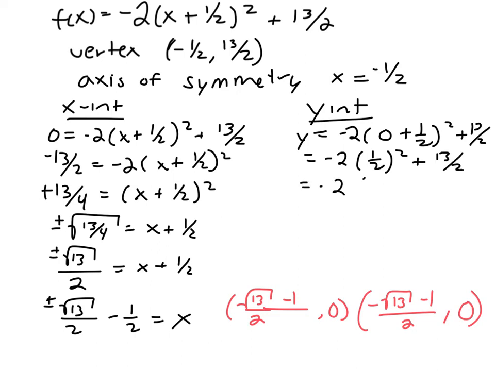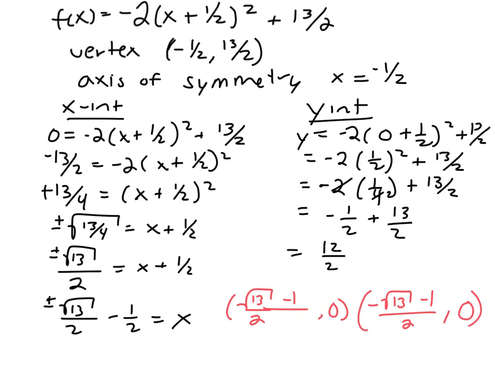That is negative 2 times 1/4, plus 13 over 2. This cancels, and that makes that a 2. So that'd be negative 1/2 plus 13 over 2, which is 12 over 2, which is 6. So the y-intercept is, I'll go ahead and write this in red, 0, 6.